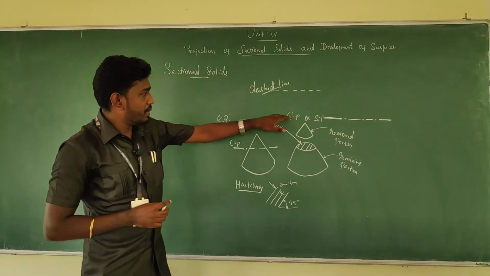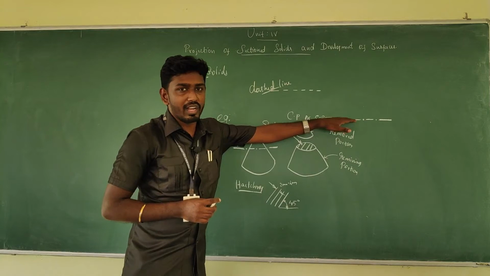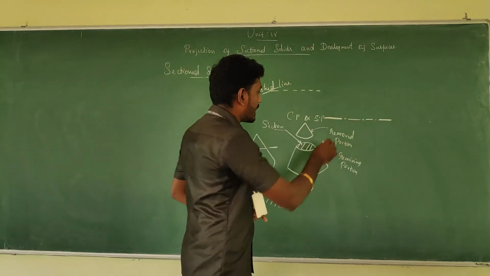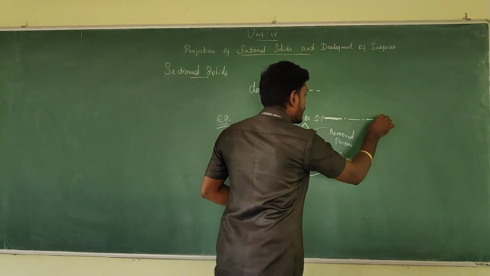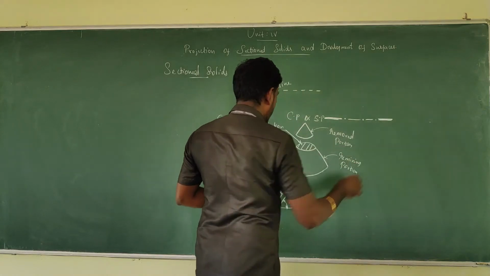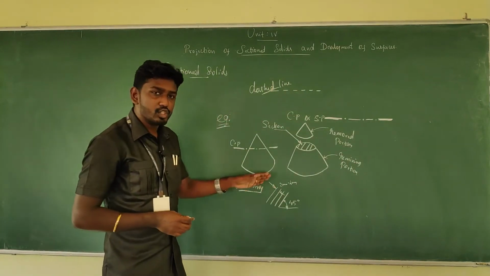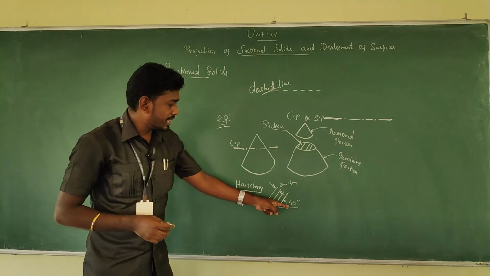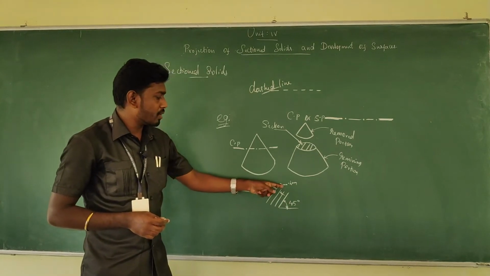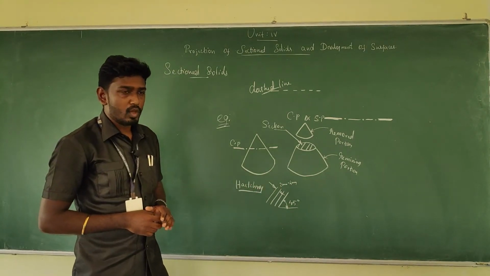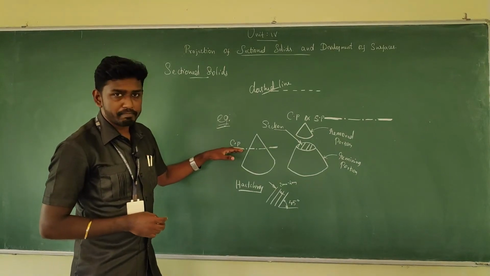So the cutting plane, CP, is represented by long line, dash, with thick lines at the ends. In the hatching, we make the lines with an inclination of 45 degrees and a gap of 2 mm. What do you mean by cutting plane?